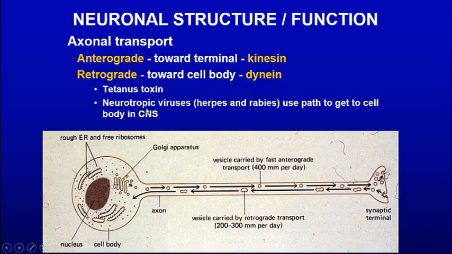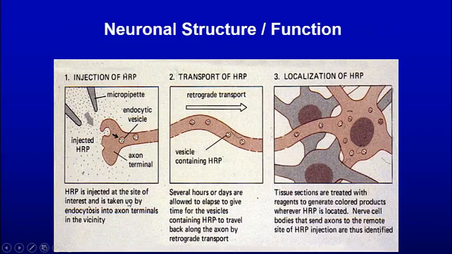That's where we get neurotropic viruses, herpes, rabies. They follow this path to go back in and get into our brain. That's how they're able to take that path.